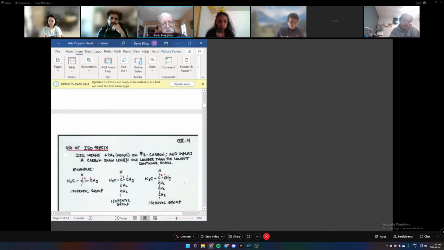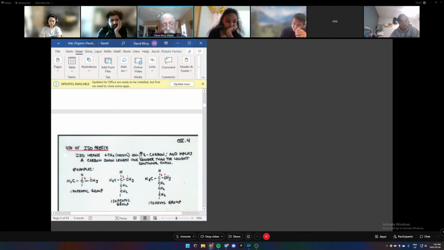Okay. The iso prefix does not mean the International Organization for Standardization, although it does, just not in this context. Iso means an extra carbon. It's telling you both about the chain length and that the extra methyl group is attached to the number 2 carbon. Take a look here.